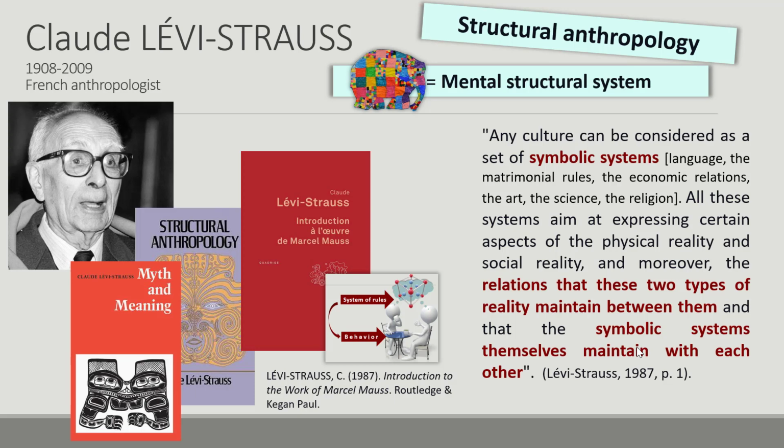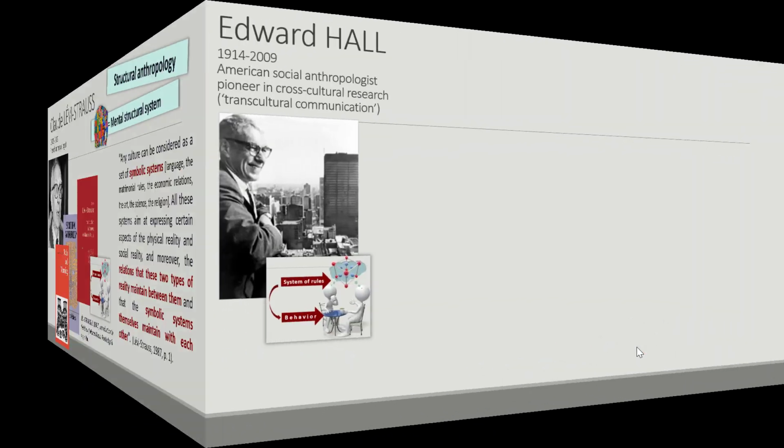All these systems aim at expressing certain aspects of physical reality and of social reality, and moreover, the relations that these two types of reality maintain between them and that the symbolic systems themselves maintain with each other.